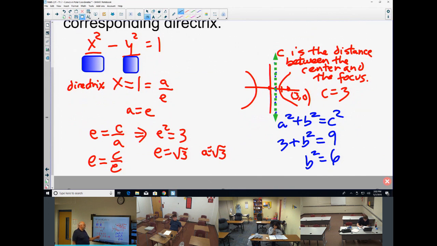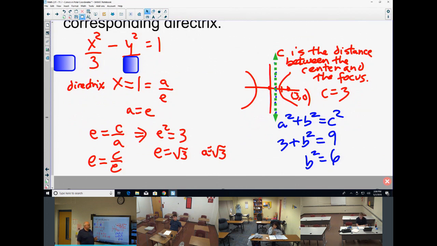I know that's some tricky substitution. But if A is the square root of 3, then the number under here is A squared, and so it's just going to be 3.